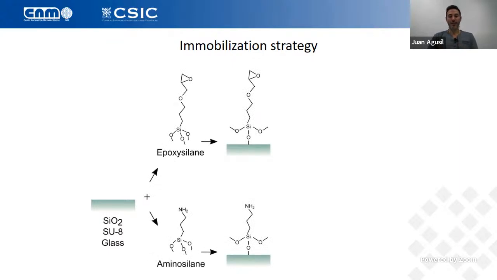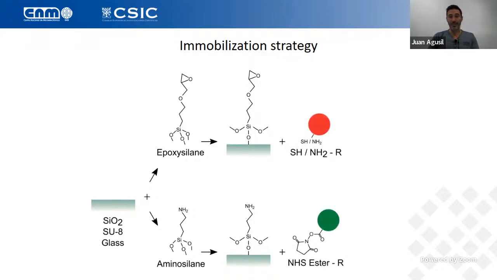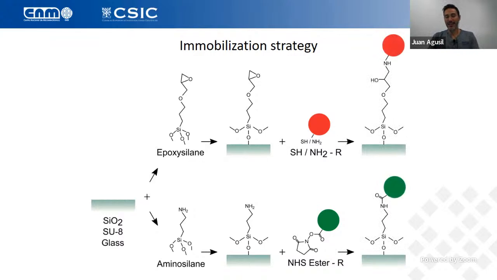This chemical glue will react with the ink that you want to attach to your surface. In this case, we can use an epoxide silane to create active surfaces to attach thiols and amine groups, or an amine silane to create an N-hydroxysuccinimide ester reaction site. That way you can create active areas on top of your original pristine substrate.